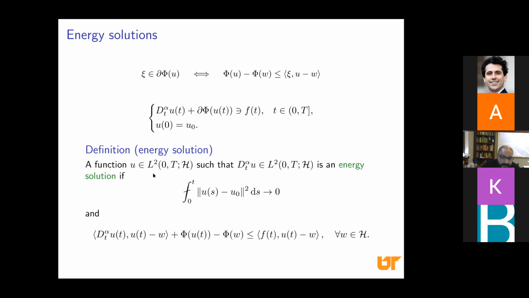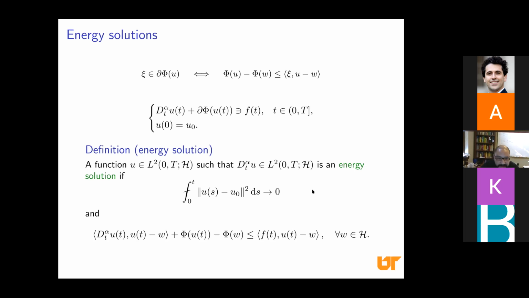Namely, we're going to say that a function with some differentiability properties in time is an energy solution if it satisfies the initial condition in a certain sense, and it satisfies this evolution variational inequality, which is obtained exactly as in the classical case by essentially taking this inclusion and its inner product with u minus w.